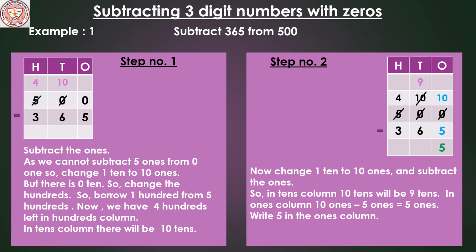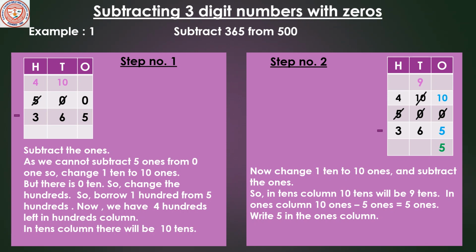On the other hand, we borrowed 1 ten from the tens column. So before borrowing, there were 10 tens. And after borrowing 1 ten, 10 tens become 9 tens. So in the tens column, we have 9 tens left.